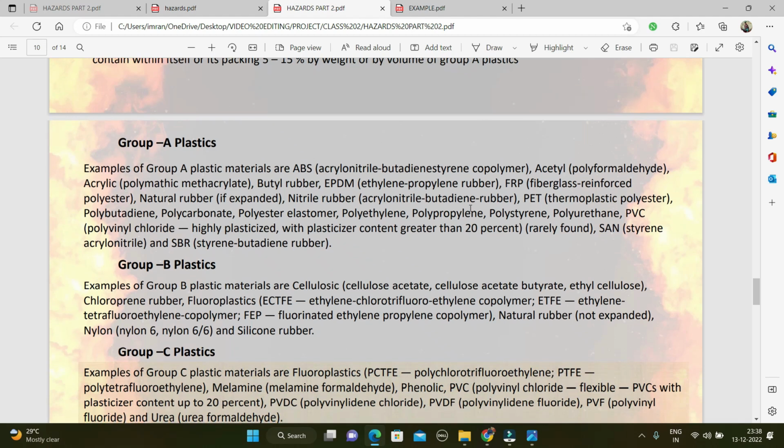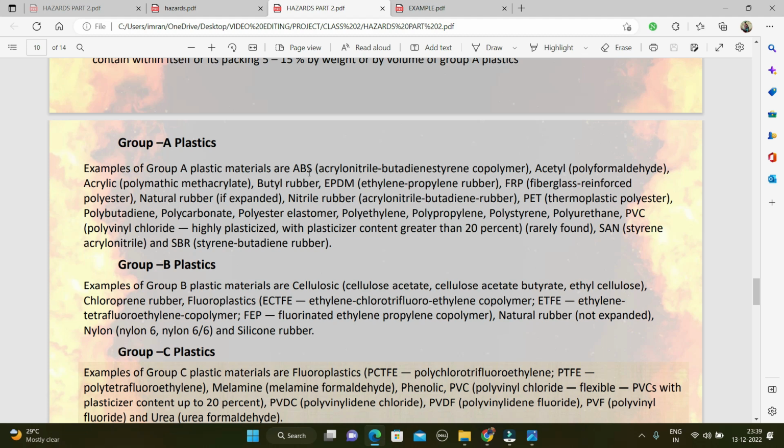Okay, see now group A plastic, all these materials which we are seeing here, if stored anywhere, and we are going to design that area, then we will consider it as group A plastic. Now you can pause my video and go through what group A plastic is and which type of material it contains.